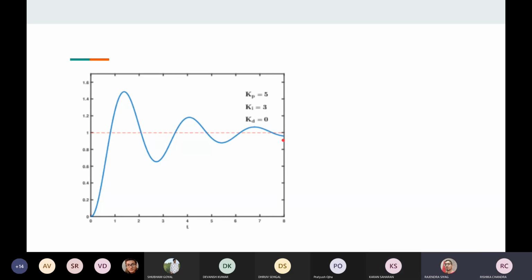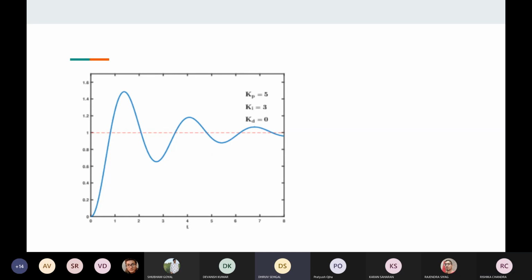What is the Ki doing here, ma'am? See, we usually multiply everything with a constant so that we can tune it. We'll come to that later. Actually, here's the thing. There are three kinds of controllers that we are using: proportional, integral, and derivative, right? You would want to increase the effect of one kind of controller more than the other.